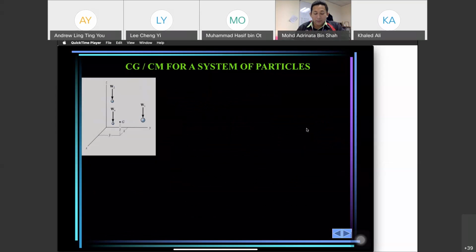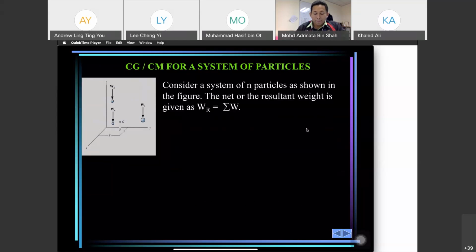Center of gravity or center of mass for a system of particles. Consider a system of n particles. We have so many particles in our component. As shown in the figure, this is the resultant of weight.